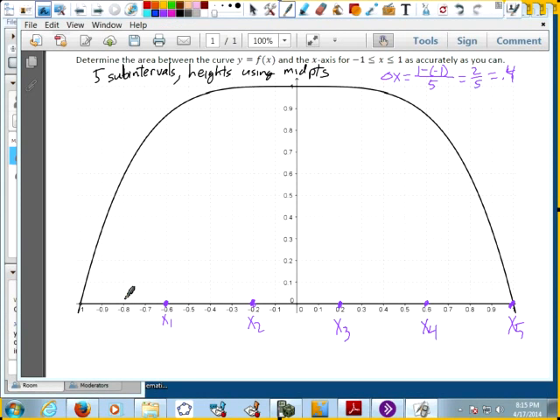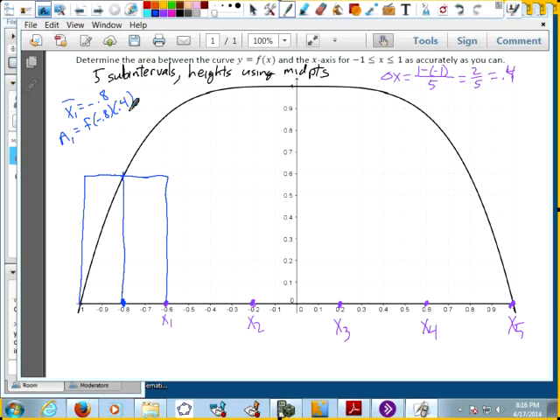So the midpoint, well, these are each 4/10. This is halfway, this is 2/10. My height of my first rectangle is going to be about there. And so what I have is my x1 bar is -0.8, and so my area of the first rectangle is equal to f of -0.8 times 0.4, my common width.